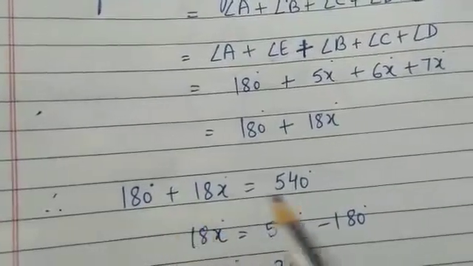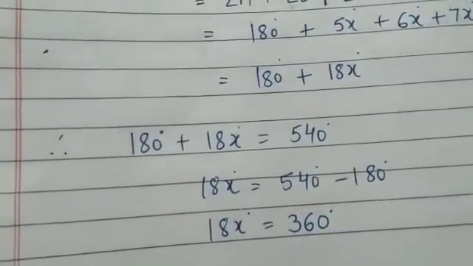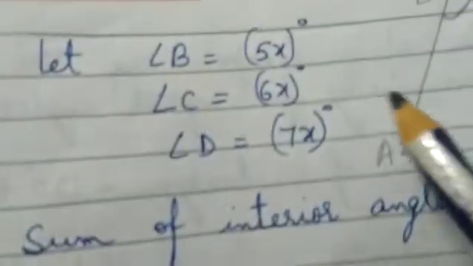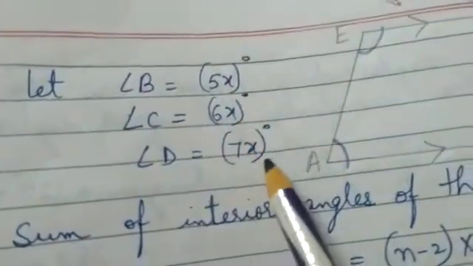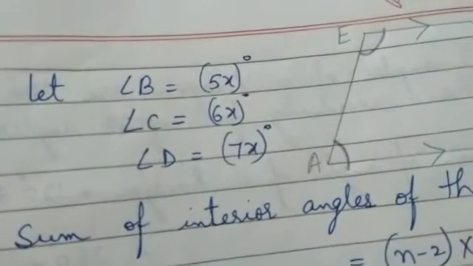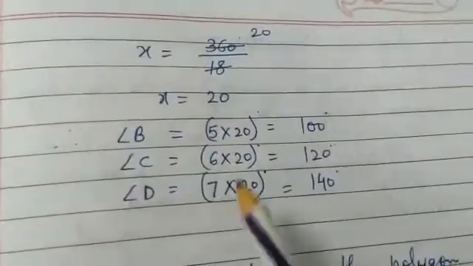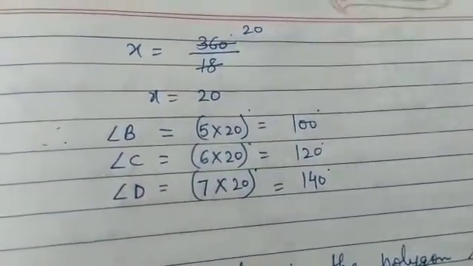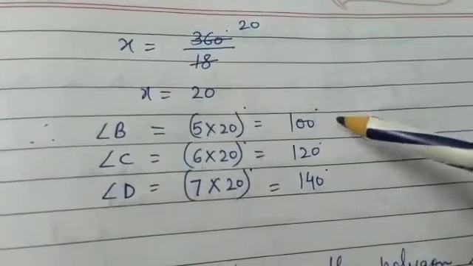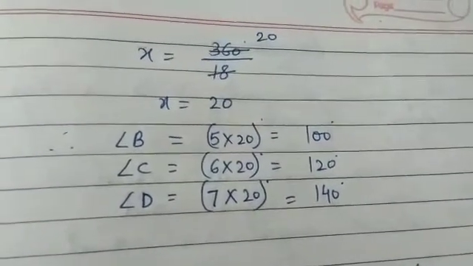So we make an equation, simplify it, and get the value of x. After getting the value of x, we substitute it in 5x, 6x, 7x and get all three angles. Okay children? So when you simplify the equation, x will come 20 degree, and angle B, angle C and angle D are respectively 100 degree, 120 degree and 140 degree.